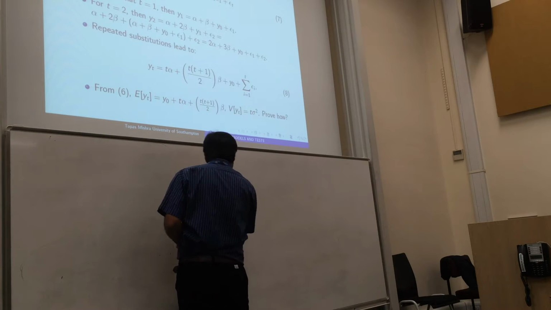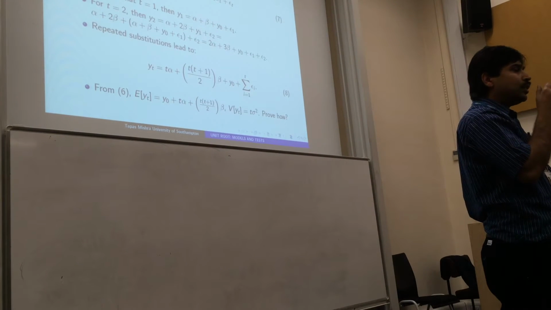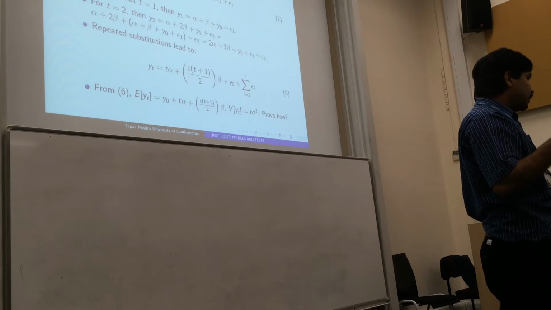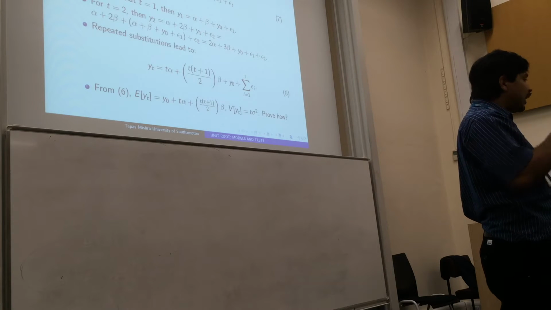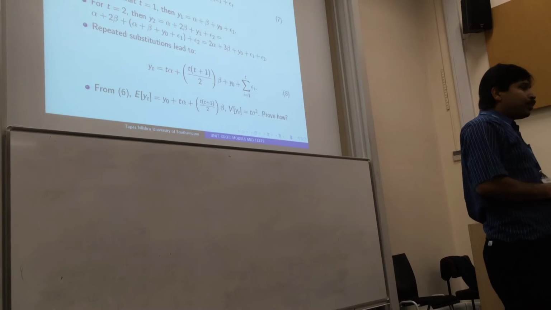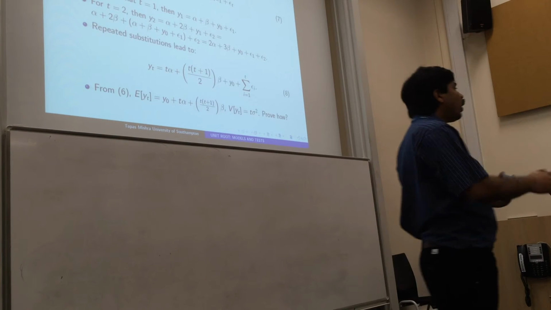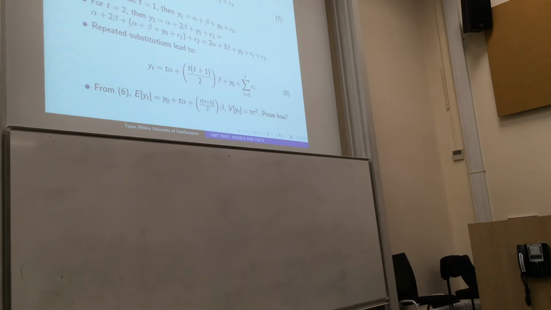Can I ask you, how do you add from, say, 0 to 10? If I want to add them, 0 plus 1 plus 2 plus 3 and so on, how do you normally do it? n times n plus 1 divided by 2.